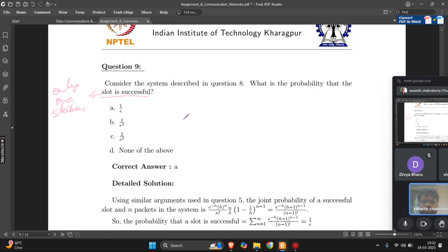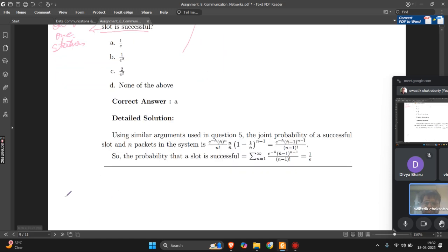Now the probability that the ith user sends a packet and there are n packets in the system. So a particular user, the ith user, will send the packet and there will be a total of n packets in the system.